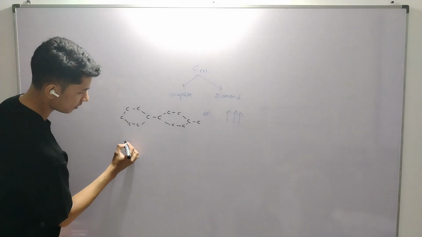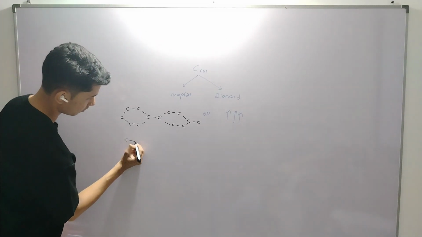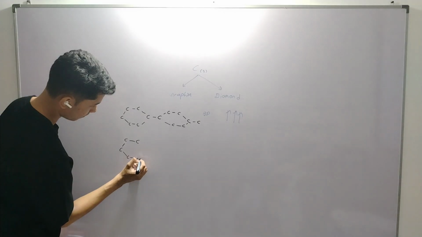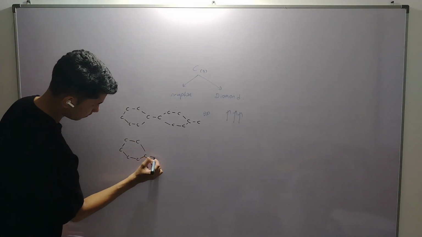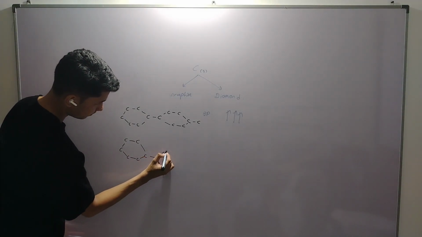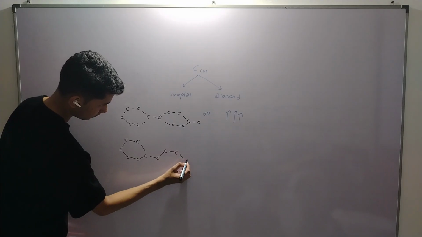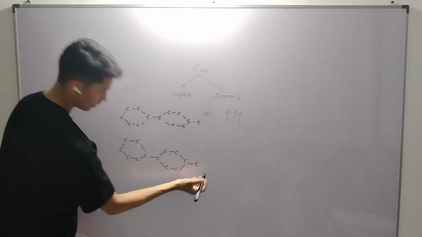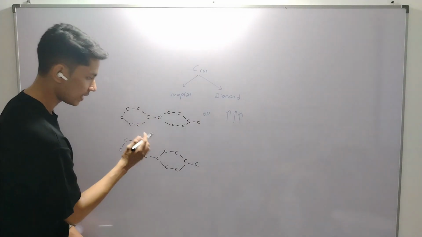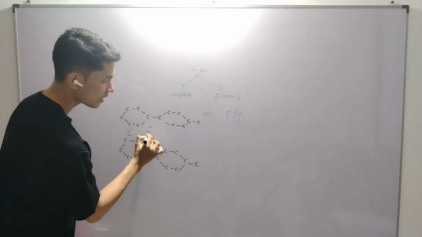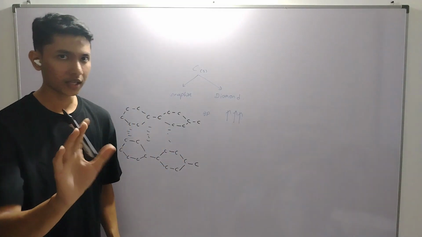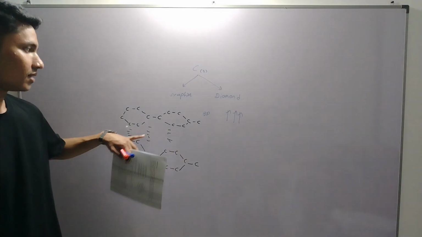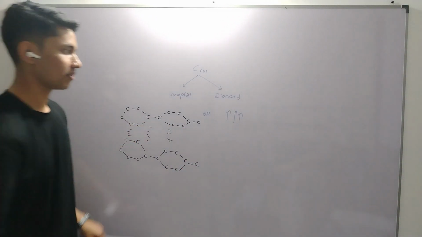Okay, it continues, and there's a similar layer like that below also. Okay, and between these layers there are some bonds. You'll learn about it later, okay? For now, just remember that this is the arrangement of graphite, okay?